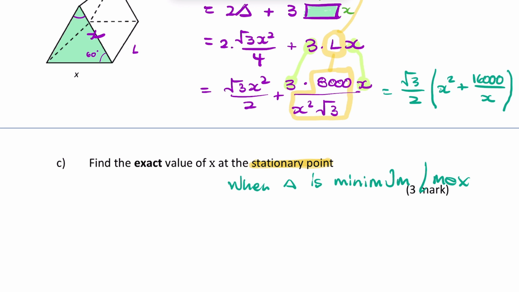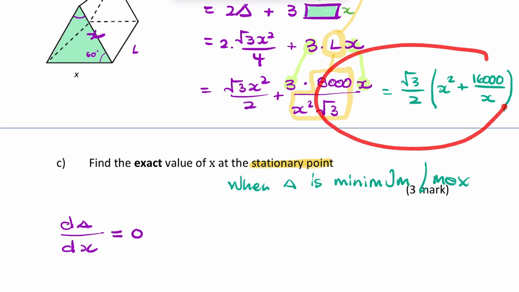So that's what it means. The stationary point is when A is a minimum or maximum. And for us, that means when the derivative of A, dA by dx, is equal to 0. So we need to differentiate this. So let's rewrite A.